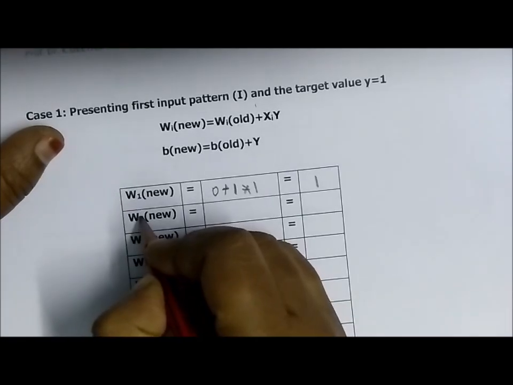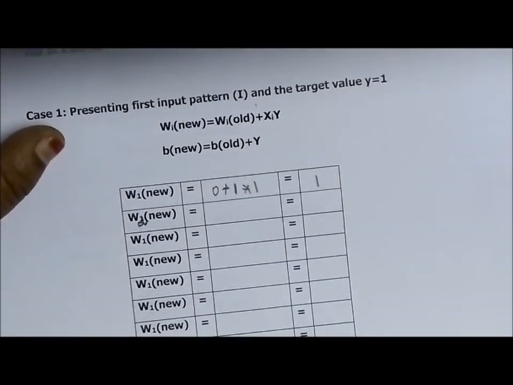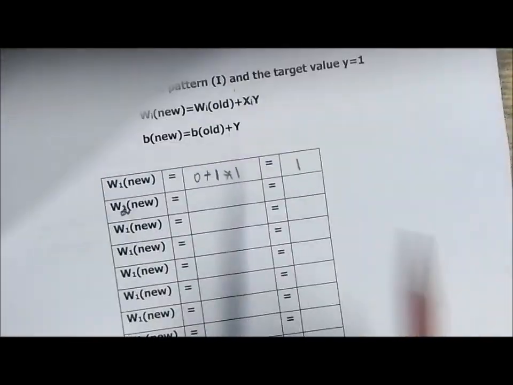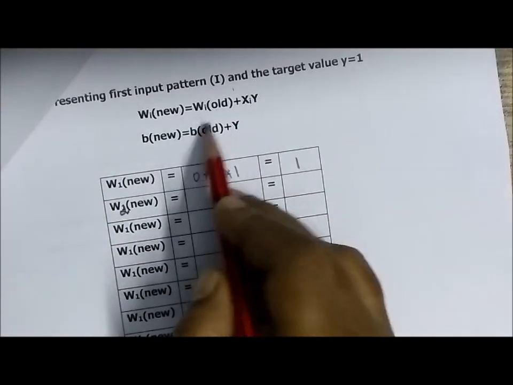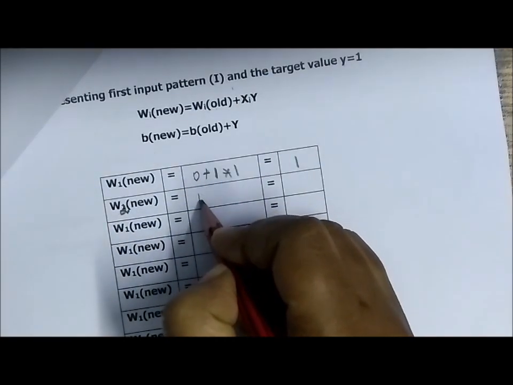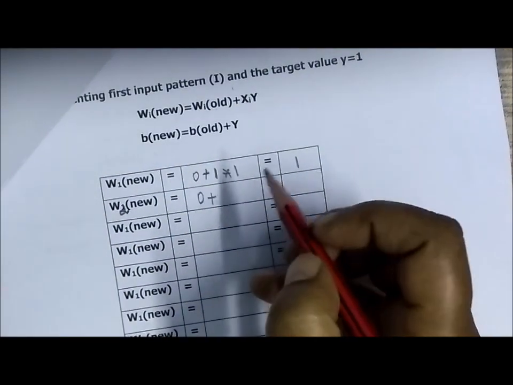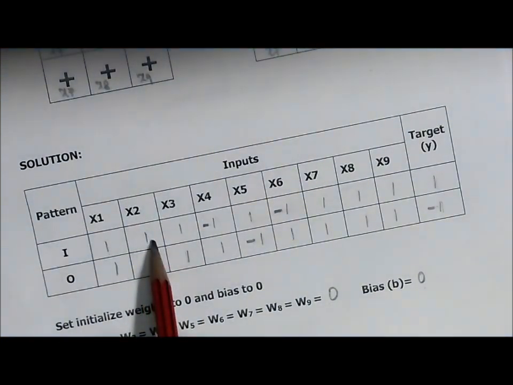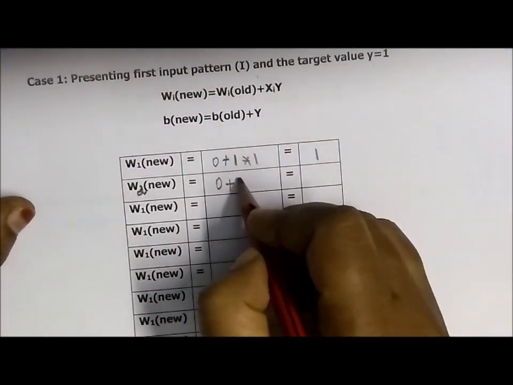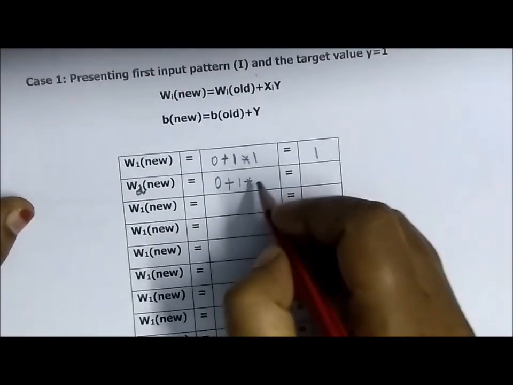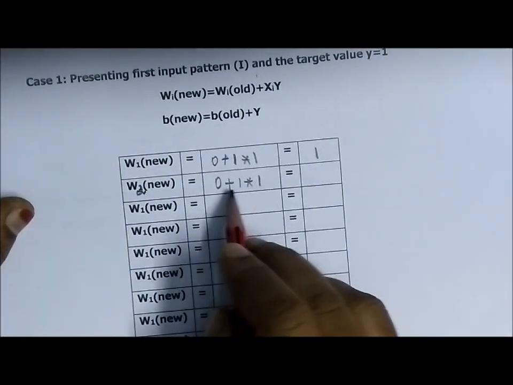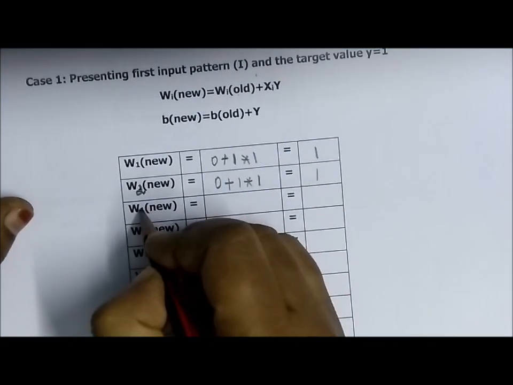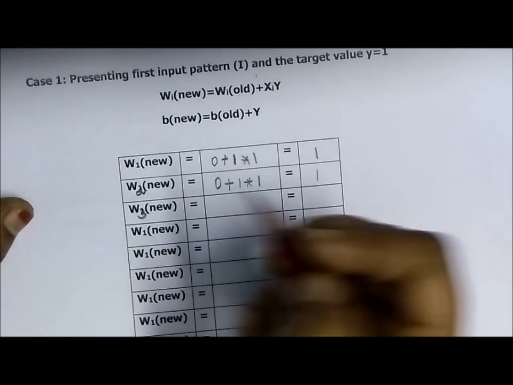Similarly, w2 of new. w2 of old is 0, plus we have x2. The value of x2 here is 1. So 1 into our target value 1 gives 1, and 1 plus 0 gives 1. Next we have to calculate w3 of new.